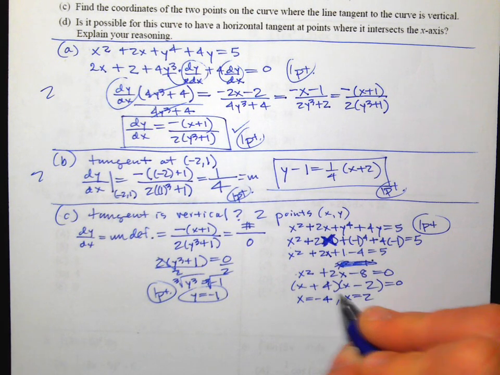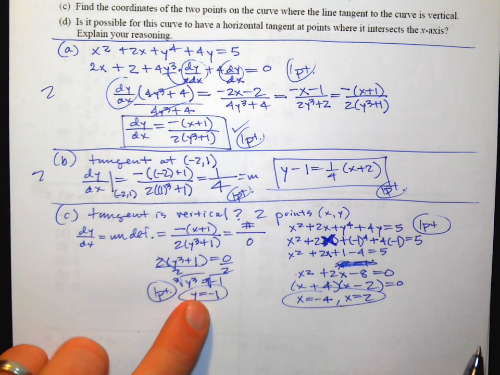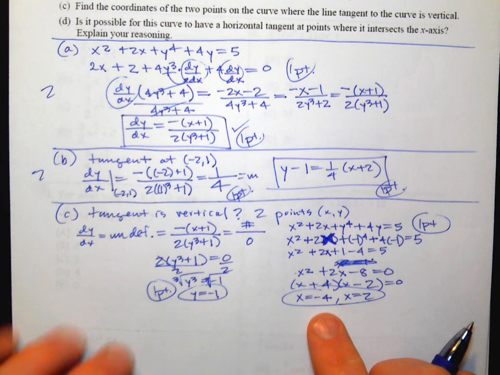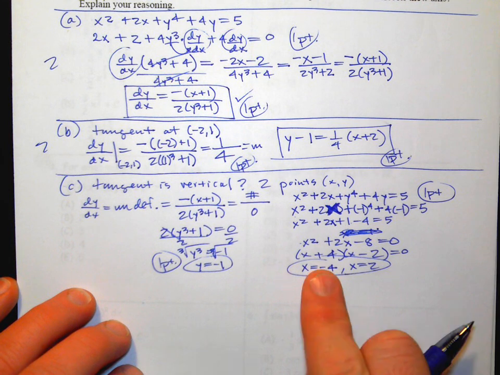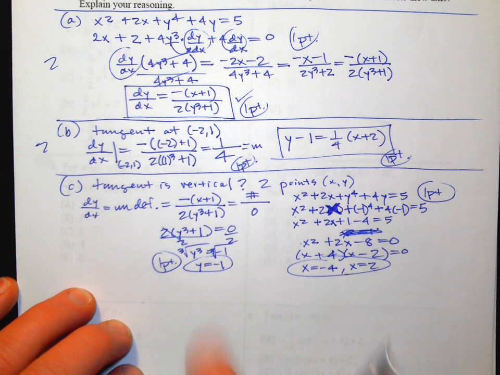Now, here's the interesting thing. That single y value gave us two different x values, which is possible. And those give you your 2 points. So one point's going to be (negative 4, negative 1). The other point's going to be (2, negative 1).